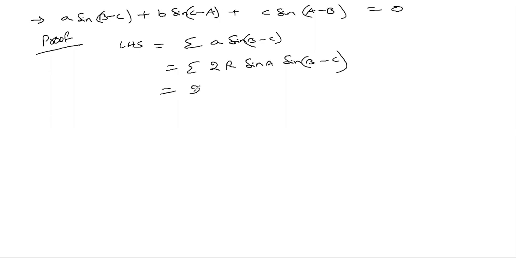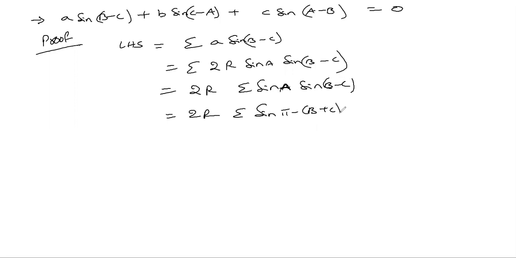So it is 2R sigma sine A into sine(B minus C), because we are applying sigma with respect to small a, b, c and capital A, B, C. So it is 2R sigma, where sine A means sine of 180 minus (B plus C), into sine(B minus C).